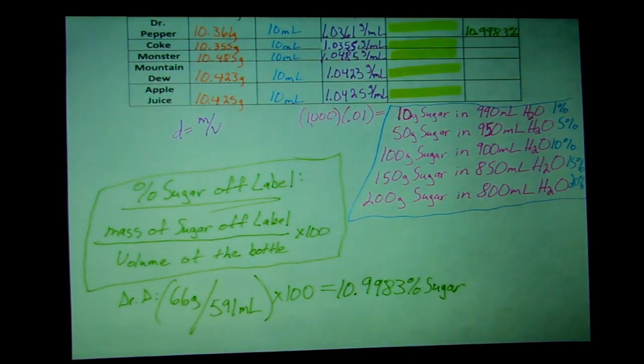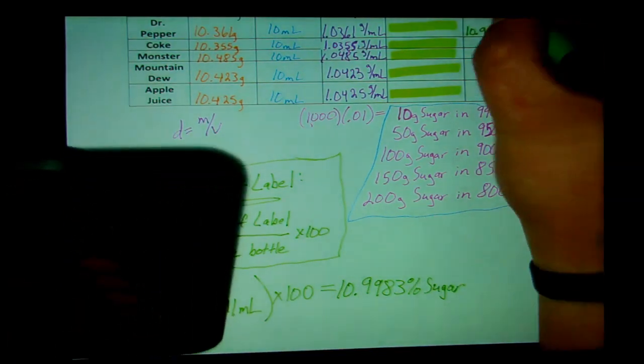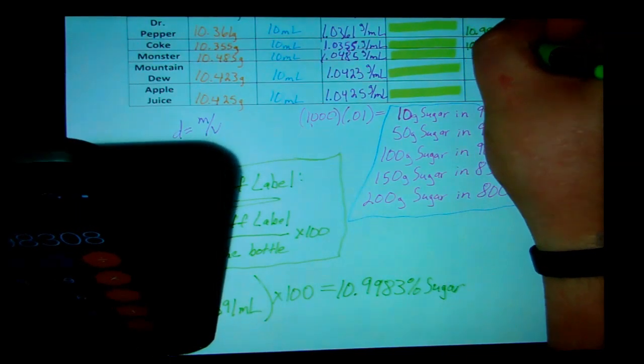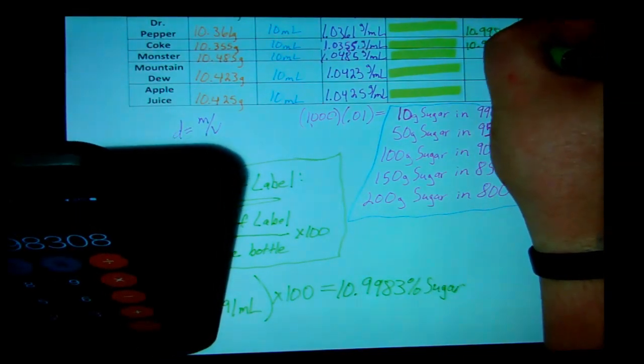I should do it from the phone. So 65 divided by 591 times 100 is 10.9983%.